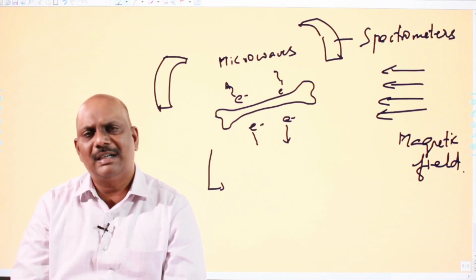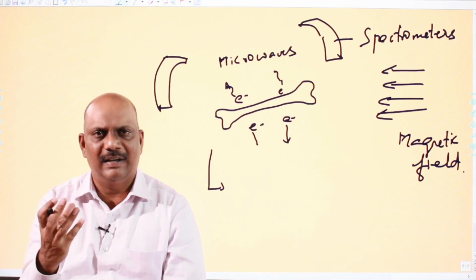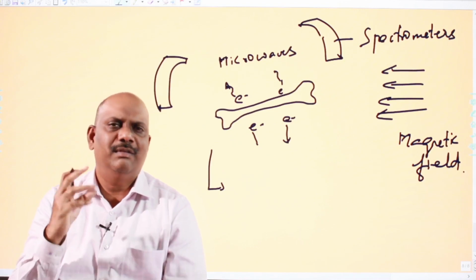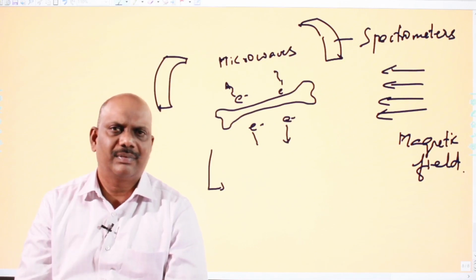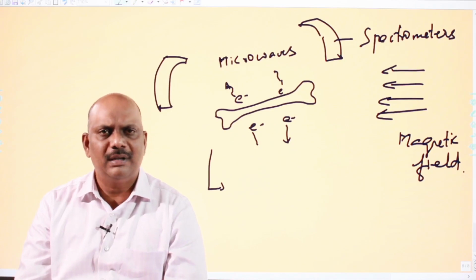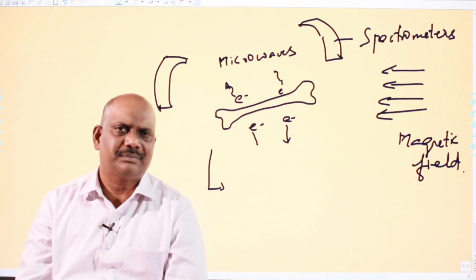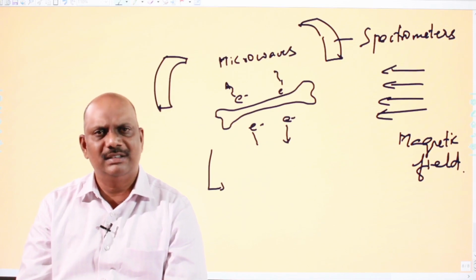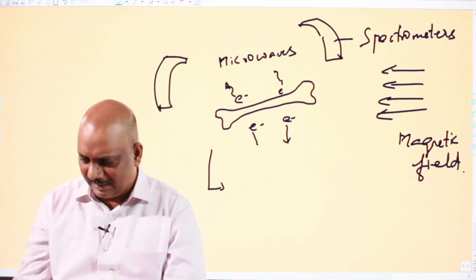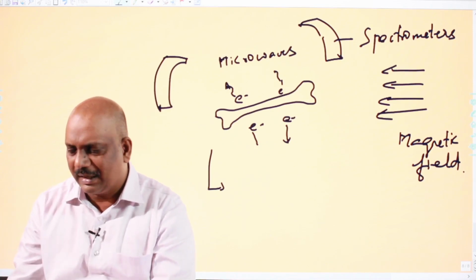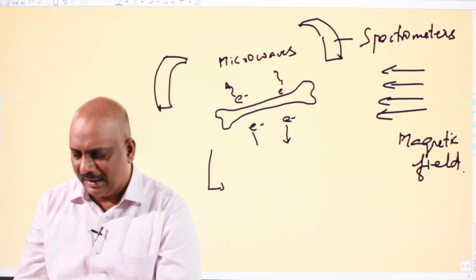So in this method, as we are not using heat here, this can be used to date even fossils. This is electron spin resonance dating. I hope you are comfortable with this dating technique. Okay, fine. The next dating technique is paleomagnetic dating.